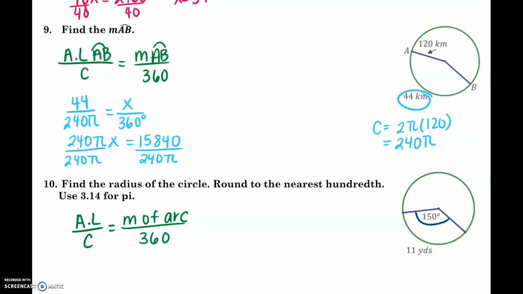I'm sorry, it does go evenly into 15,840. We get 66. So when we do divide, we're going to get 66 over pi. So the measure of arc AB is equal to 66 over pi degrees. So the exact measure would be 66 divided by pi degrees.